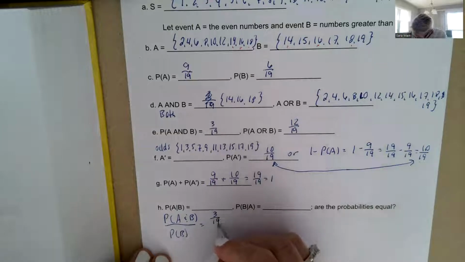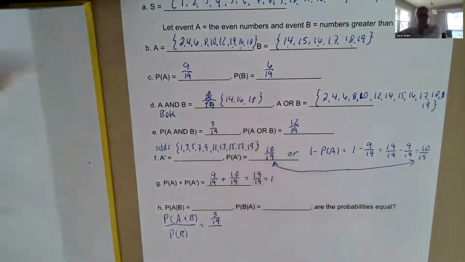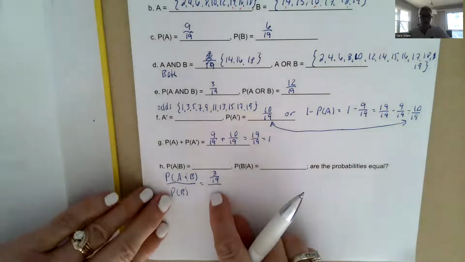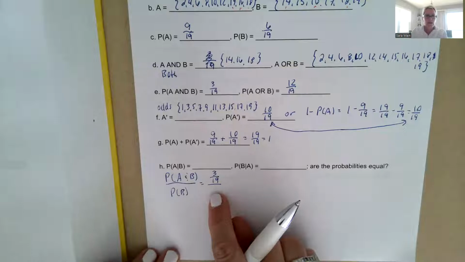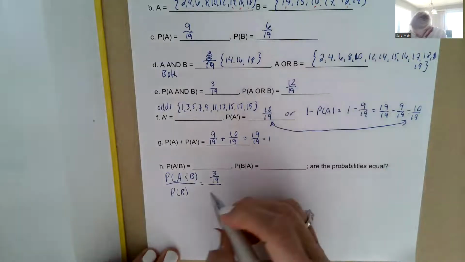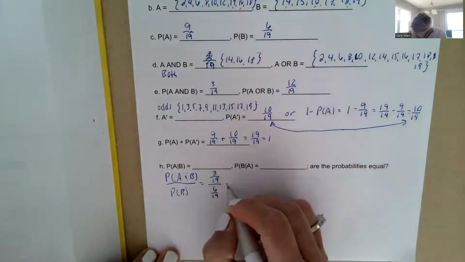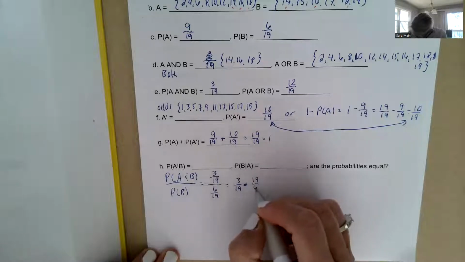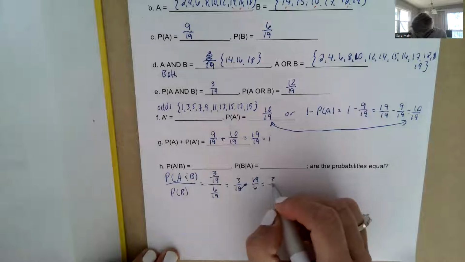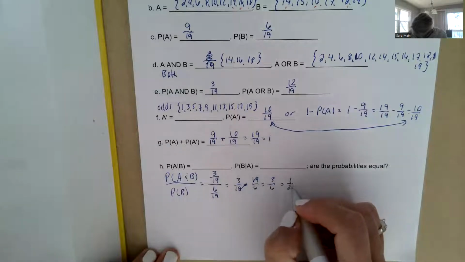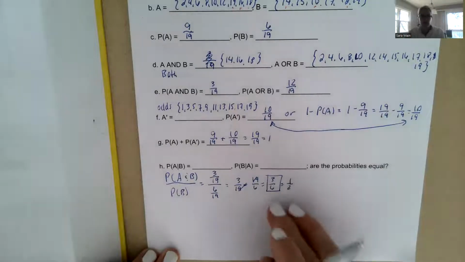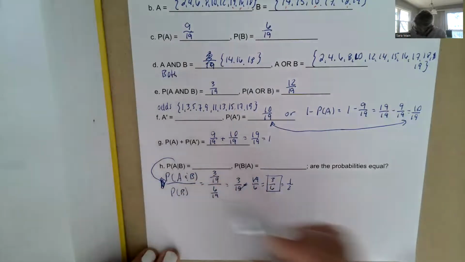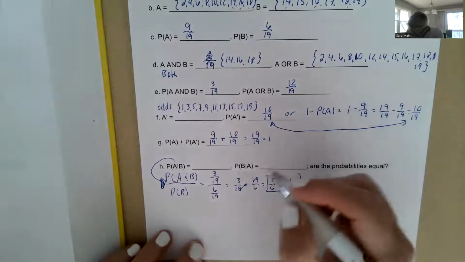And this is why it's good not to reduce the original probabilities, just because it makes it a little bit easier. Divided by the probability of B, which is 6 over 19, which gives us 3 over 19 times 19 over 6, which gives us 3/6 or 1/2. But you can just keep the 3/6. That's this one right here. Okay. Now, so this is 3 over 6.